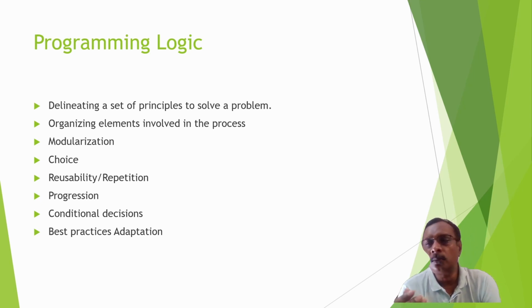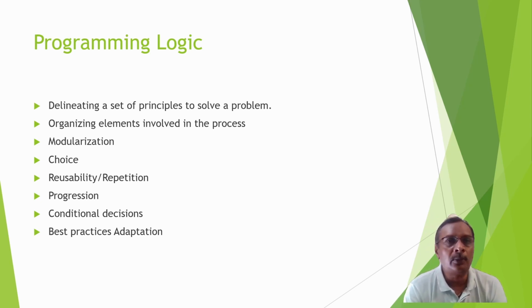Now I was talking about all these real life examples, like going from one place to another, right? So start from a source and then arrive at a destination, a shop. So we do a lot of organizing elements, modularization, choice, everything we do from our brain, right?